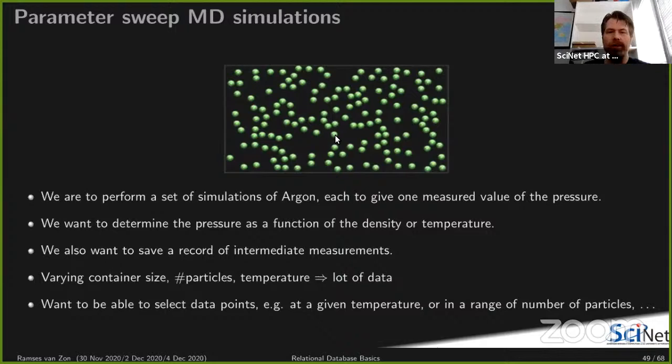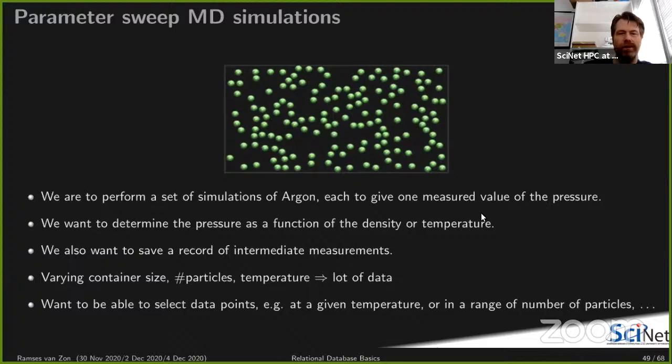Now, we'd want this as a function of temperature and density, which means that we need a whole bunch of simulations at different densities and different temperatures. We will want to record intermediate measurements. We might want to vary some things that might depend on how many particles we take, how big the container size in the simulation is, what the temperature is. All of that could lead to quite a lot of data that we have to keep track of.